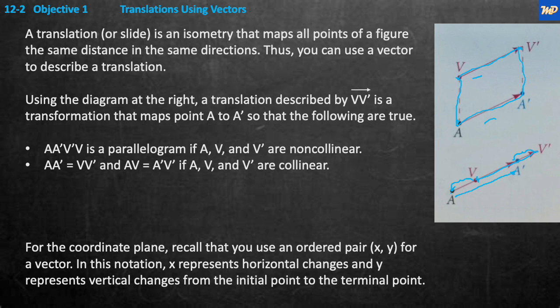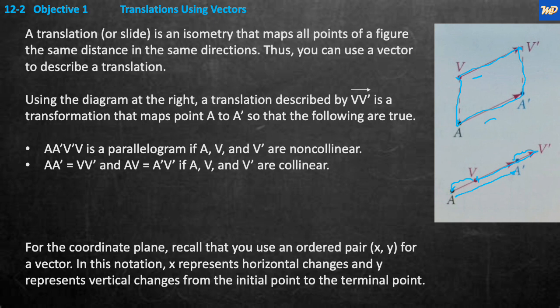Okay, that's what they're showing you here. And that's if A, V, and V prime are collinear. It's just facts you can use in the future as you're going through this.